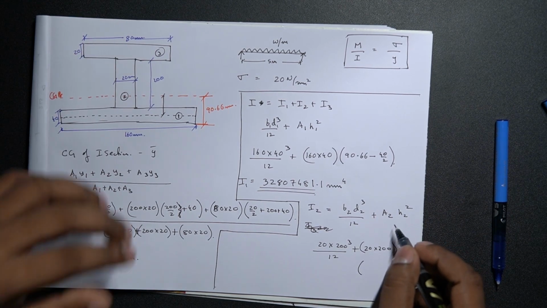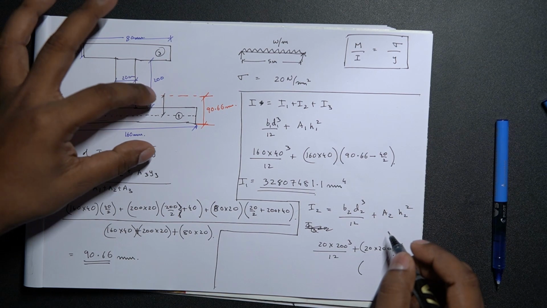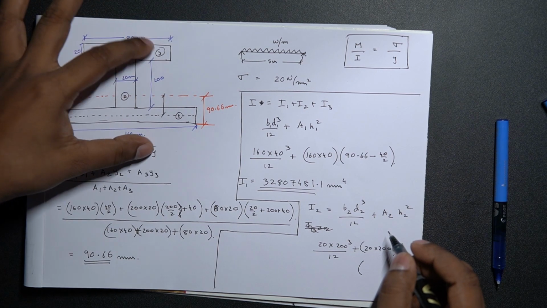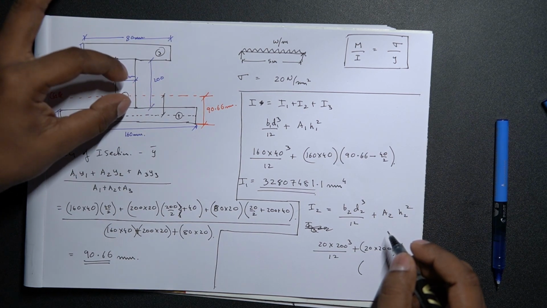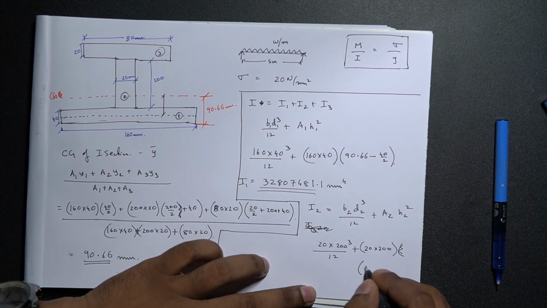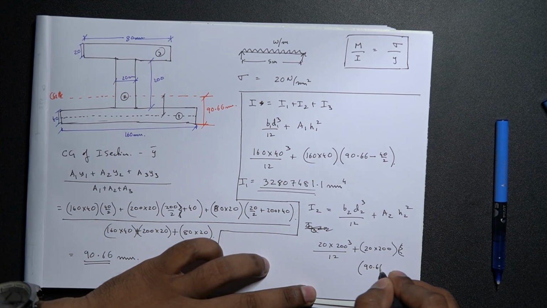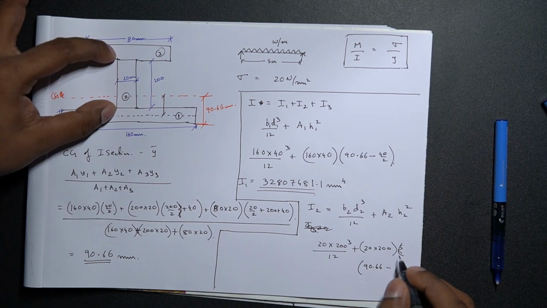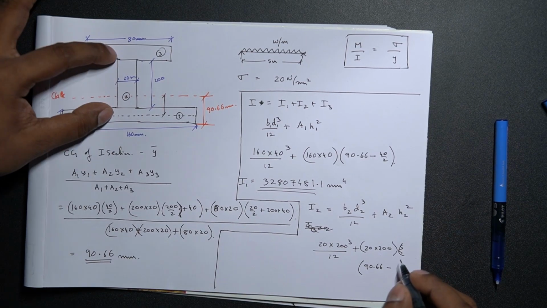H2 is nothing but the difference between the center of gravity of the entire section and the center of gravity of the individual section 2. The center of gravity of the entire section is 90.66 minus the center of gravity of the individual section, which is 200 divided by 2.